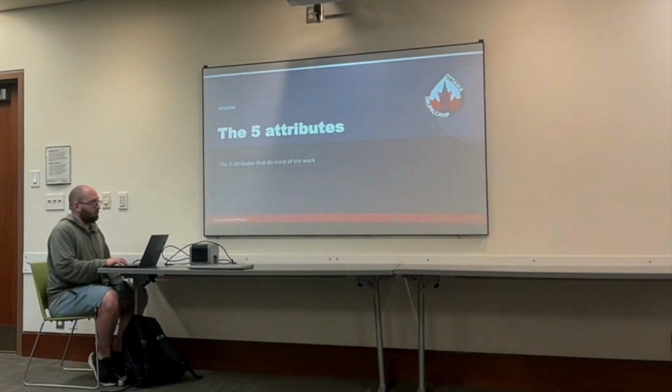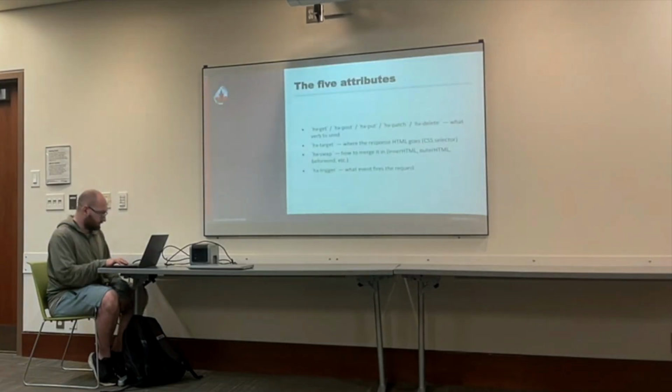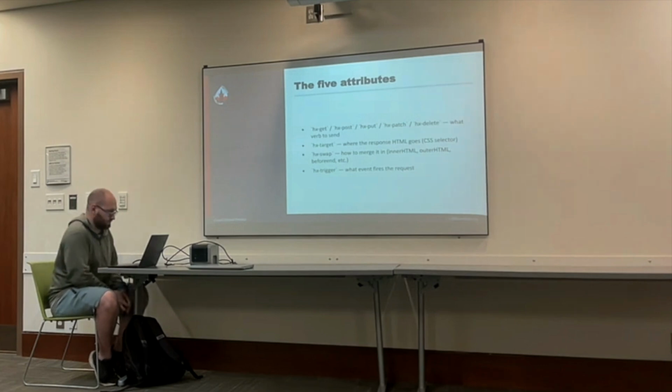With HTMX, there are 5 main attributes that we can use to make our pages more responsive. The HTMX attributes are hx-get, hx-post, hx-put, hx-patch, and hx-delete, and that's the verb that we're going to send. We have hx-target, where the response HTML goes.